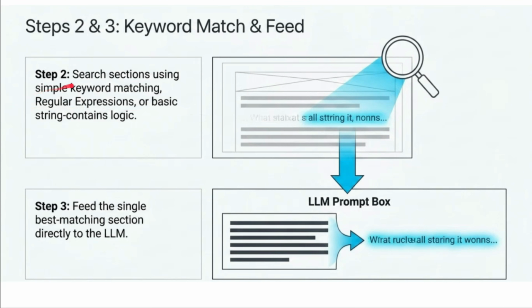Step 2. When a user asks a question, you search through these sections using simple keyword matching or a regular expression or even just string contains. And step 3, you grab the section that matches best and you feed it to the LLM along with the user's question. That is it. Just your document, a simple search, and an LLM.